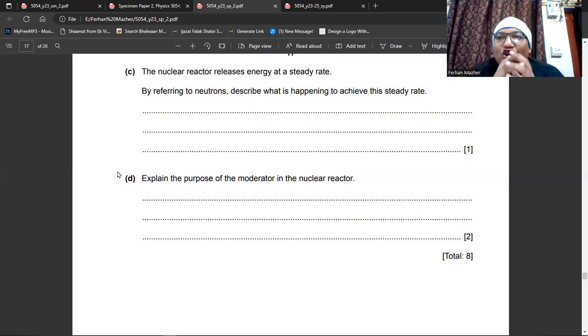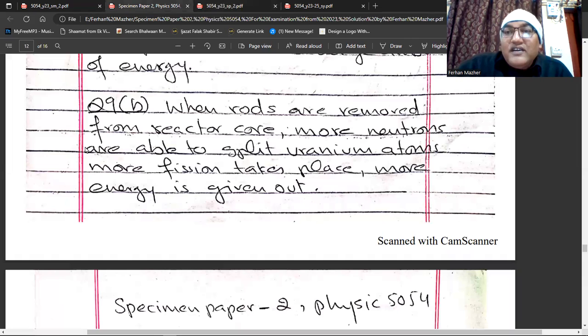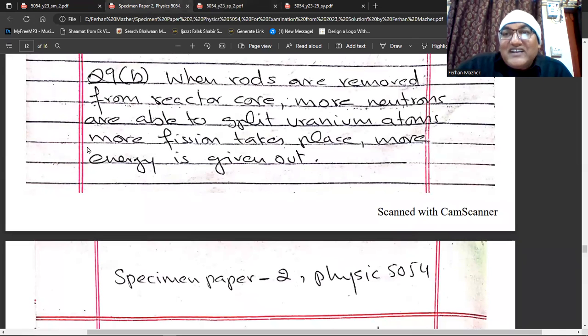When you slow down those neutrons, the probability that they will hit a uranium nucleus and cause fission increases. So by using a moderator, we make sure the neutrons are under control, and the probability of them hitting a uranium nucleus increases.